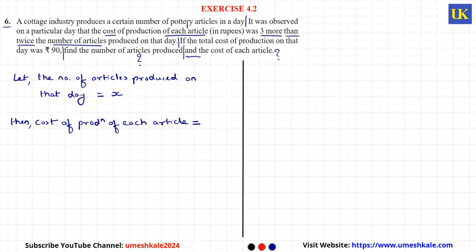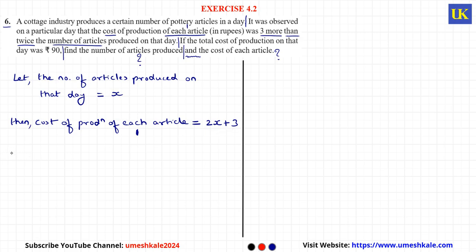So twice the number of articles, twice means 2 into x, and 3 more than that, so plus 3. So it was 3 more than twice the number of articles, that was the cost of one article. Each article means one article. So let the number of articles be x and the cost of production of one article will be 2x plus 3.